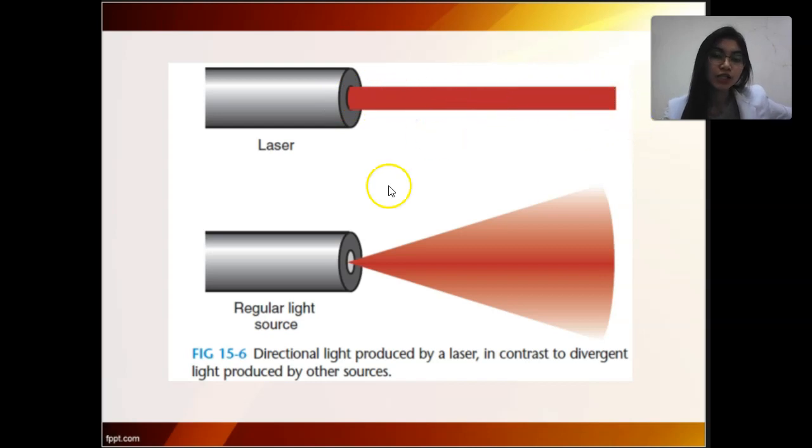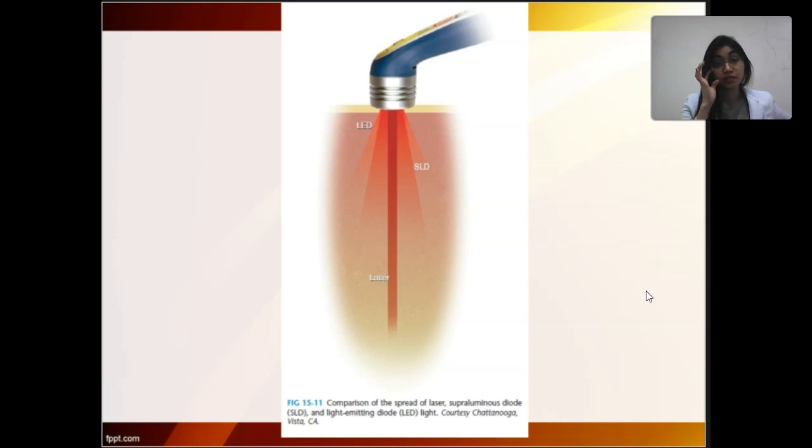It's not like this, like this with IRR, which scatters. But with your laser, it's directional. It's easy to point. There's not much divergence.